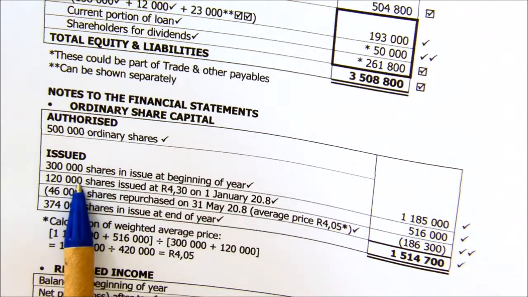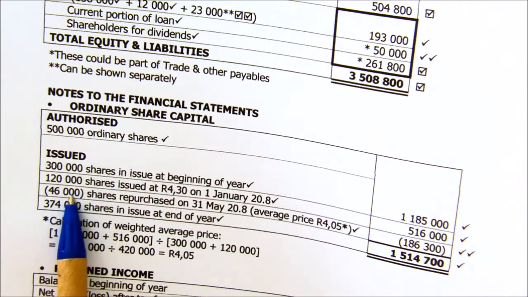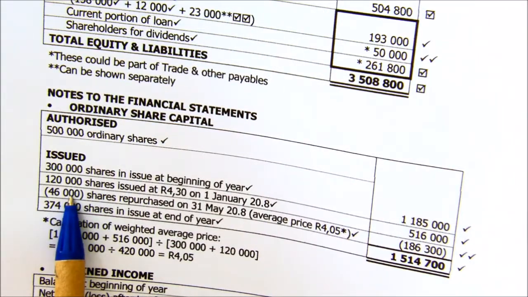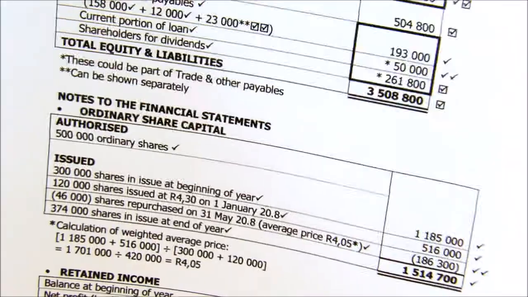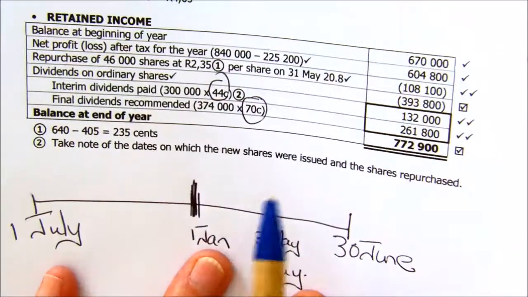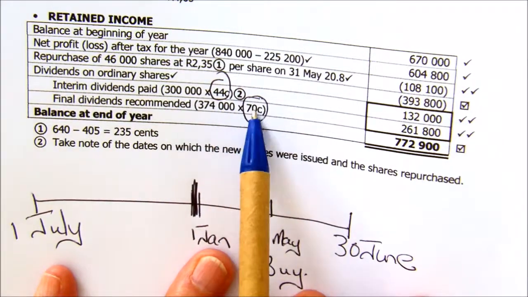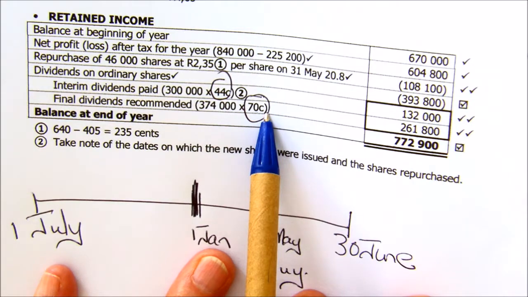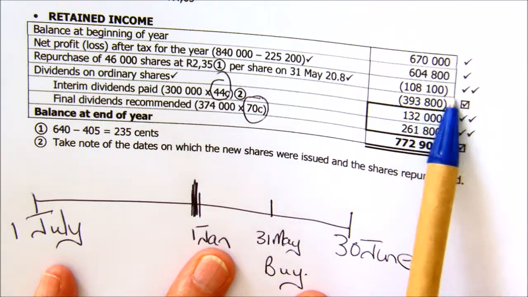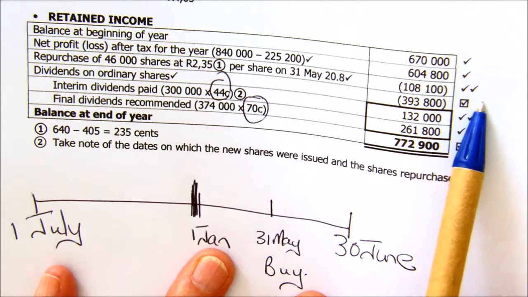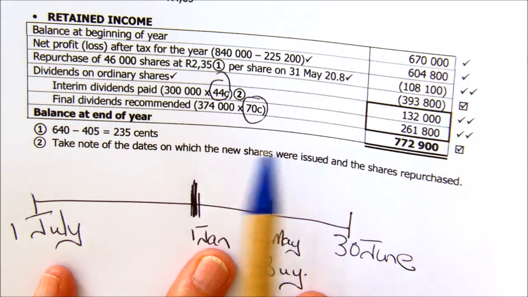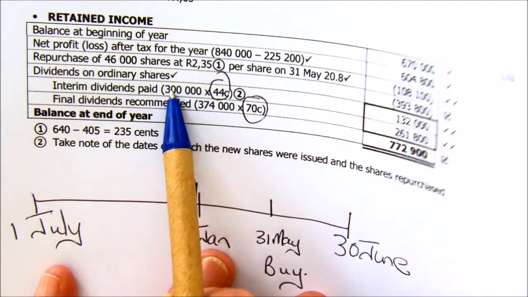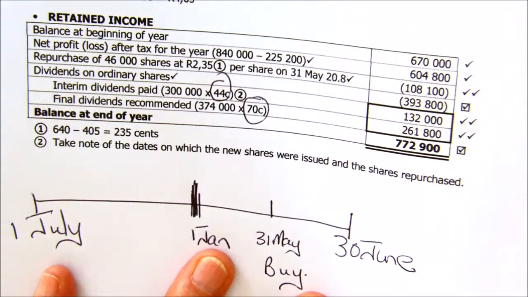You sold some extra, but he still owns his shares. You bought back, it didn't affect him, he still owns his shares. And they ask you how much dividends he got per share. Well, the answer is 44 cents plus 70 cents. You can't go and take that amount over there and divide by the number of shares, because that number has got 300,000 included there and 374,000.